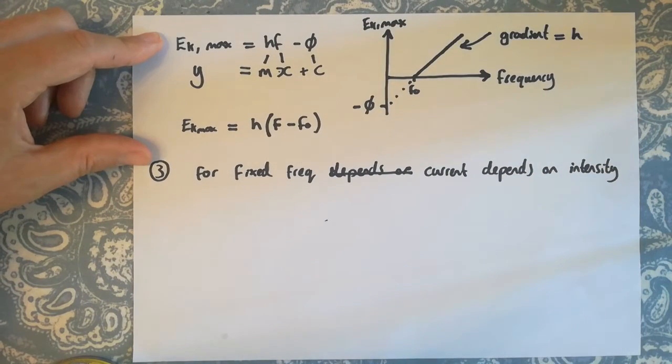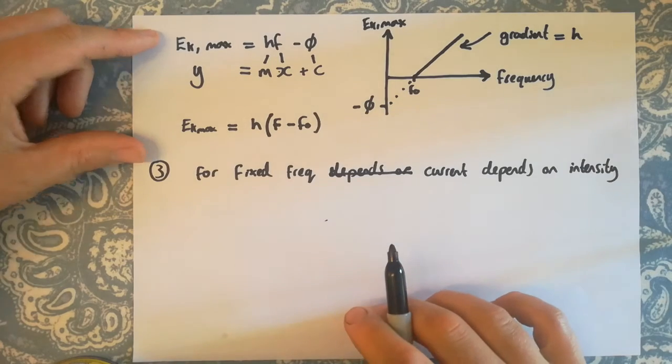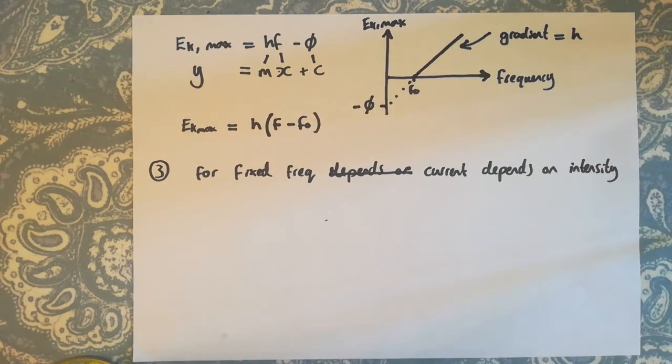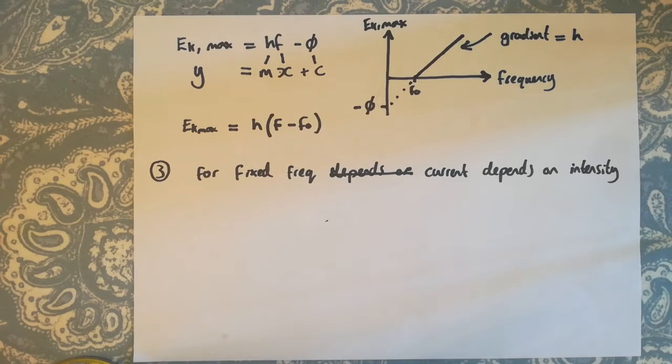Now, this one's a bit less obvious in terms of the wave model not being able to explain it. If we're using a fixed color, so fixed frequency of light, and we increase the intensity, in other words we make the light brighter, we are delivering more energy to the electrons in the metal.